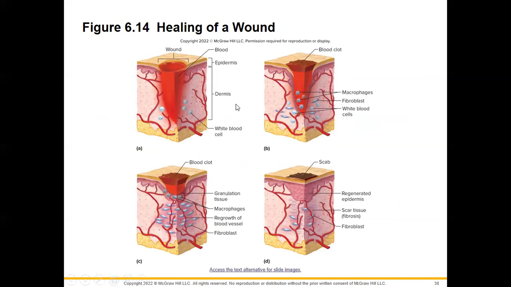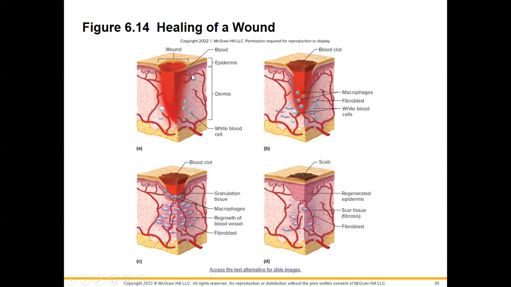So this is a pictograph of what we're talking about. So now you have a wound. It looks like something jabbed this person's skin past the epidermal layer into the dermis. So you see that it is red from the increased blood flow into the area.